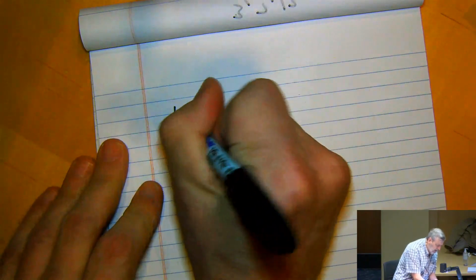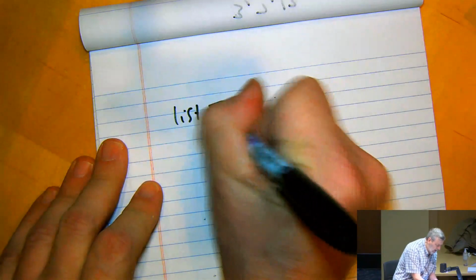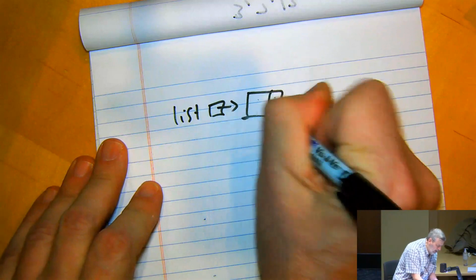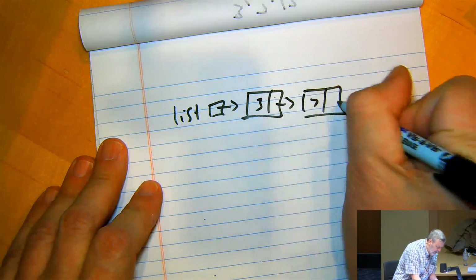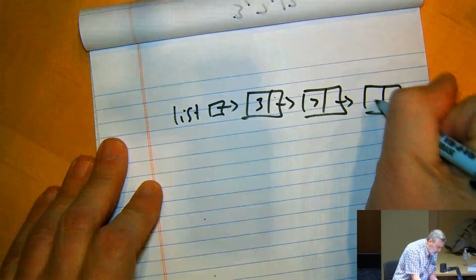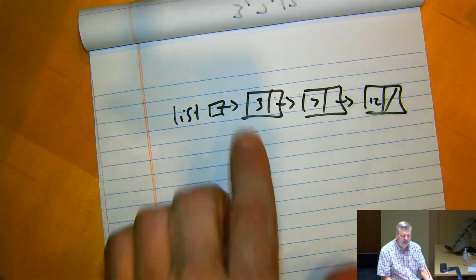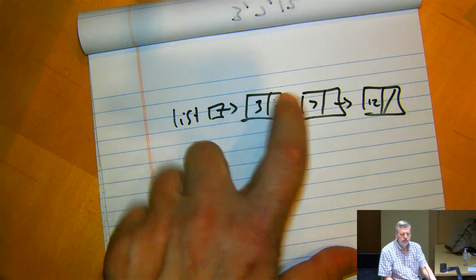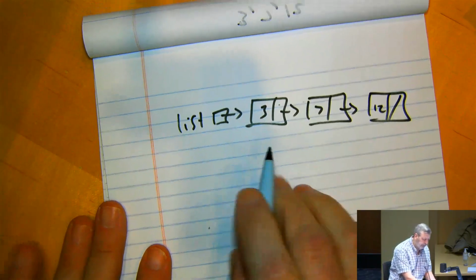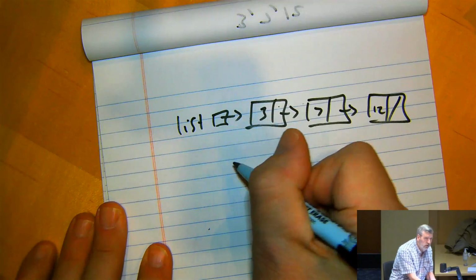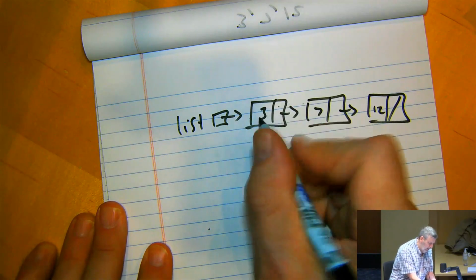Well, let me draw this picture again where I've got list, and it's pointing at a node that's got a 3 in it, and it's pointing at the node that has the 7 in it, and it's pointing at the node that has the 12 in it. As I said, I don't normally label these with the data and next. I normally just draw it in that way. I wanted to talk about two specific things, just to talk about what would happen.